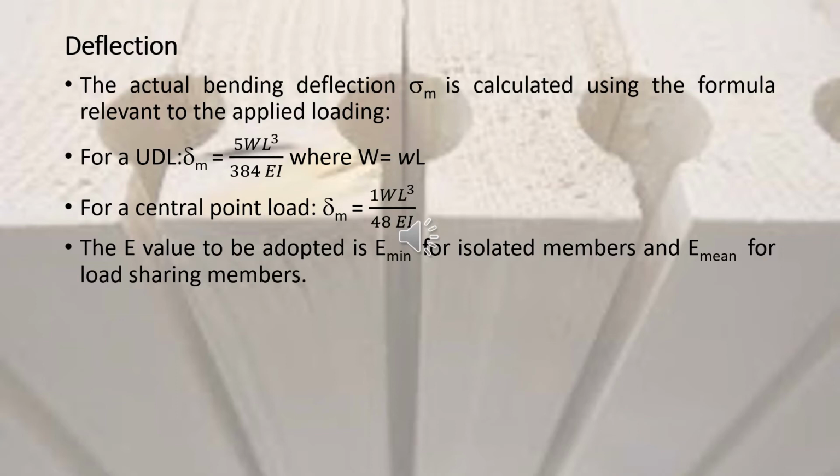So you have to be careful with the E value you are using. So you have to pay attention. So the E value, normally you've got a minimum and a maximum value. So you use the minimum for isolated members, but when you have members that are load sharing, then you go for the mean value for the Young's modulus.